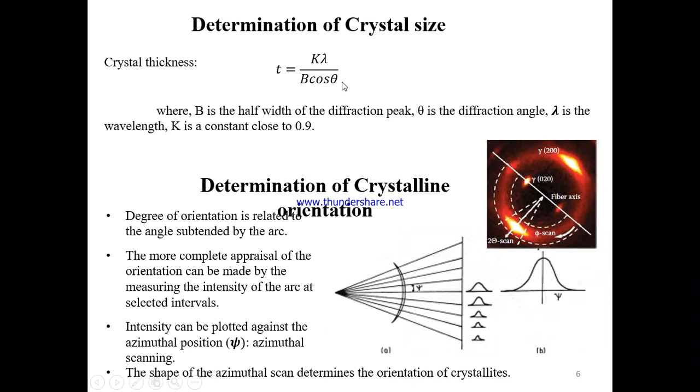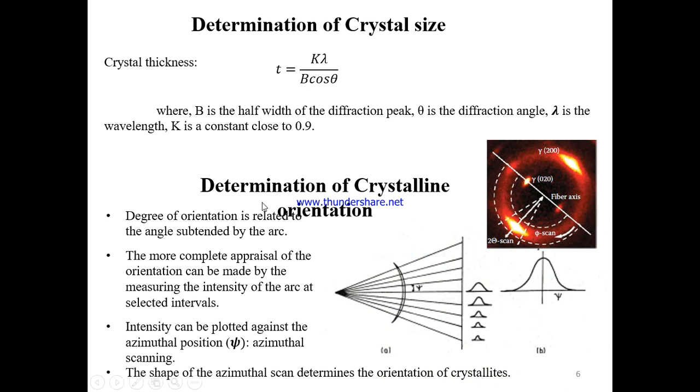Theta in B cos theta is the diffraction angle. So from this equation you can measure the thickness of the crystal or crystal size. The unit of the thickness will be the same as the unit of the wavelength lambda.